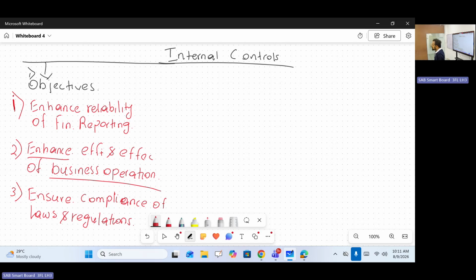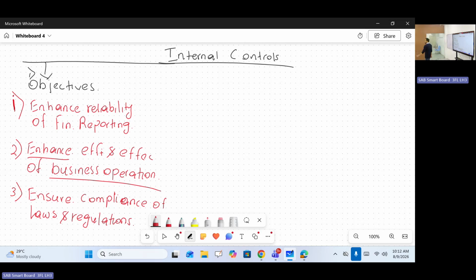Medicine related companies should comply with their rules and regulations. If they don't comply, what will happen? The going concern of that operation will be a problem. So if companies implement internal controls to ensure compliance and protect from those risks, those controls come under this category.